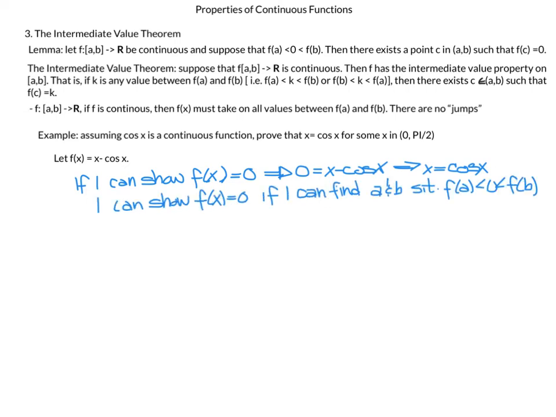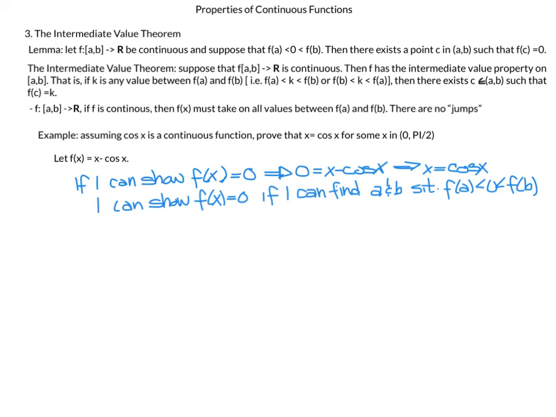And I can show that f of x equals 0 if I can find an a and b such that f of a is less than 0, which is less than f of b. Then I could use this lemma to show there's a c such that f of c is equal to 0. So that's my game plan.